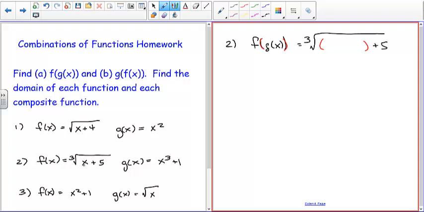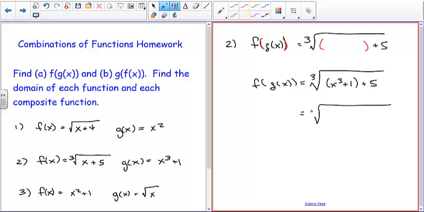So instead of having x, we're going to substitute what g of x is into there. So we get the cube root of, instead of x plus 5, it's going to be x cubed plus 1 plus 5. And then you can simplify that down. So it's the cube root of x cubed plus 6.